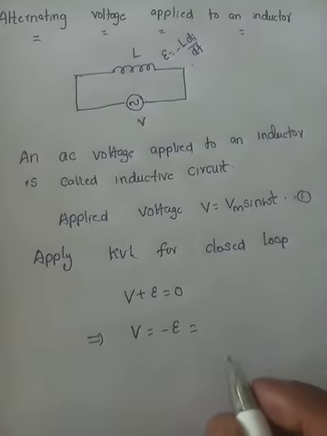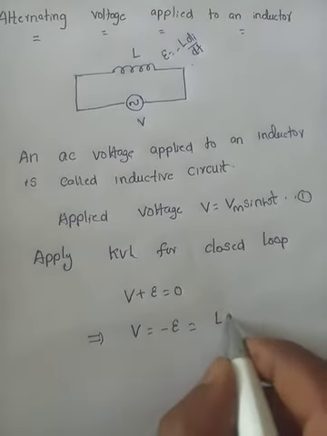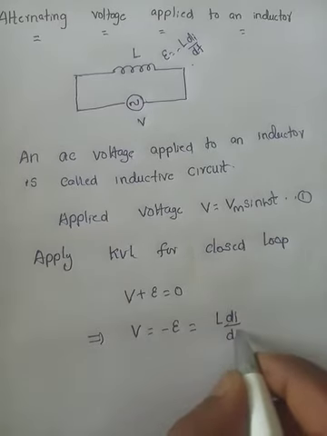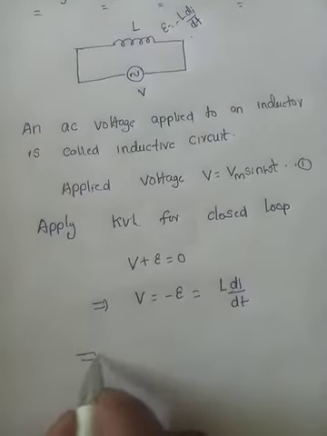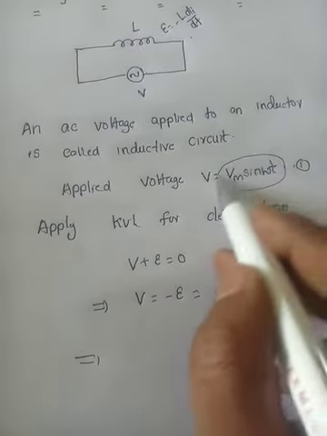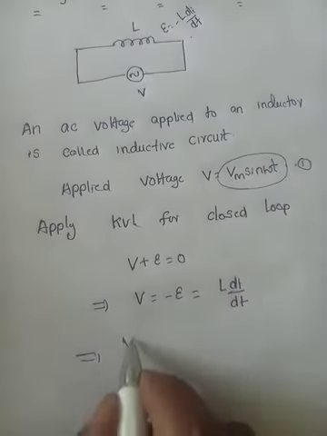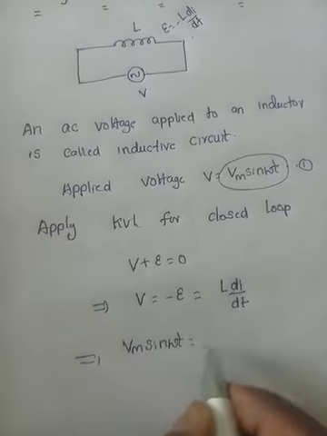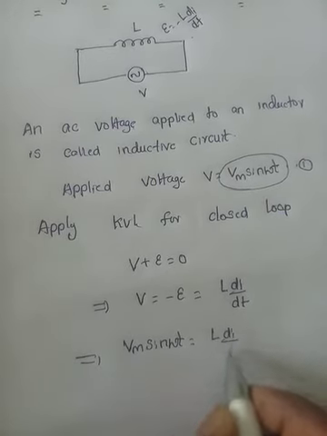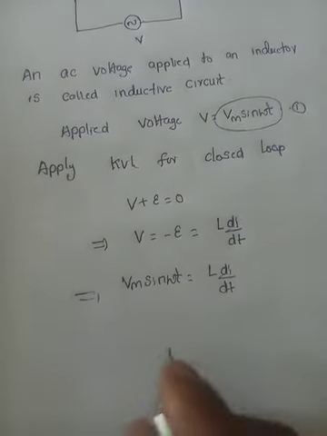Minus L di by dt. So minus of minus becomes plus L di by dt. What is V? The applied voltage, Vm sin omega t. So we can write Vm sin omega t equals L di by dt.